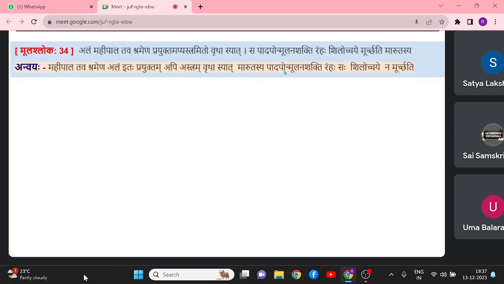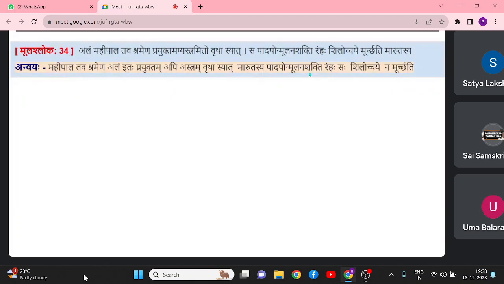Marutasya Padaponmulana Shakti Ramhaha. Padapa is tree. Unmulana Shaktihi. Marutasya means of the wind. Ramhaha means force. So Pavanasya Vegaha, the force of the wind. Padaponmulana Shaktihi, that means it can uproot the tree.